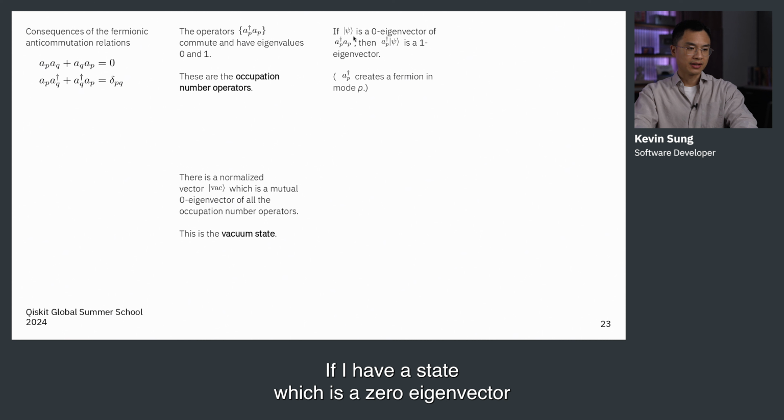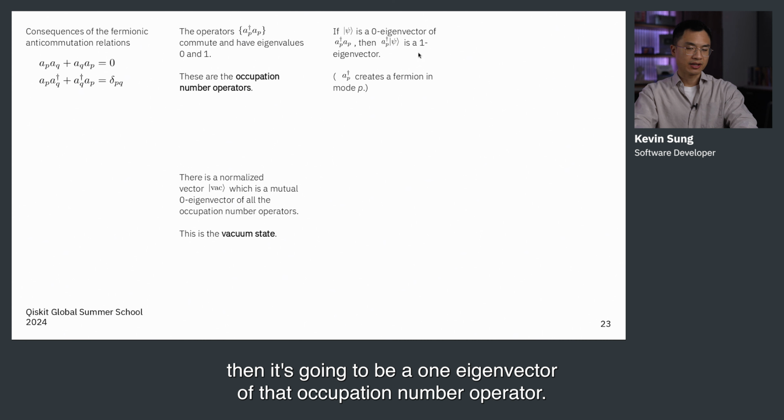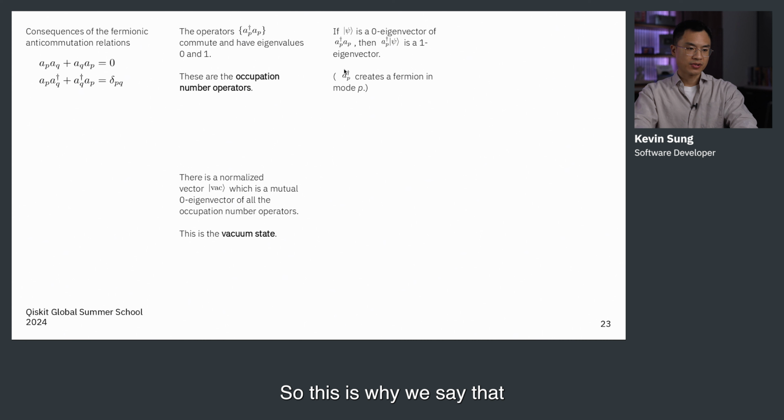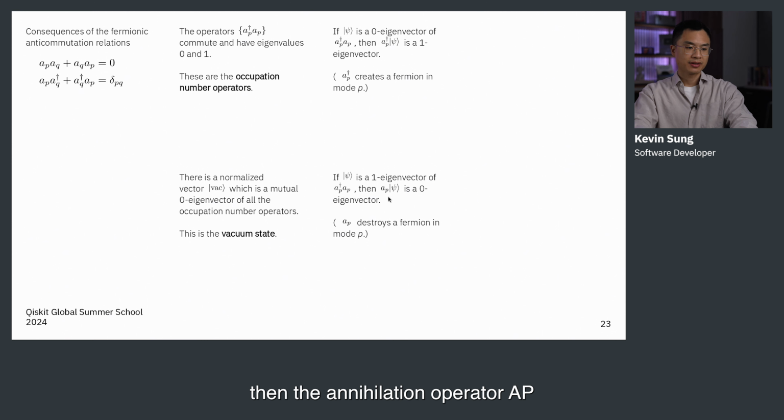If I have a state which is a zero eigenvector of the occupation number operator, then if I act on this state with a creation operator, a_p dagger, it's going to be a 1 eigenvector of that occupation number operator. This is why we say that a_p dagger creates a fermion in mode p. Similarly, if I have a 1 eigenvector of the occupation number operator, then the annihilation operator a_p will turn it into a 0 eigenvector.